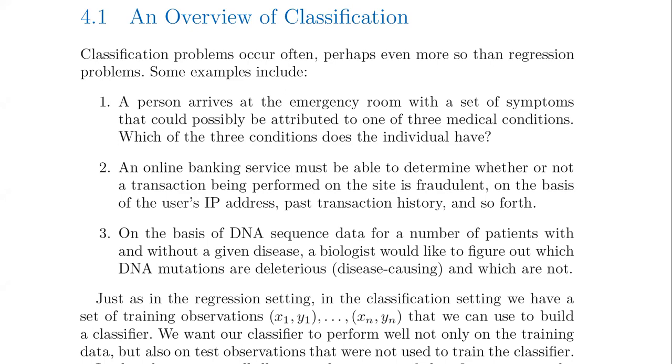The predictor variables, x1 to xp, for each of those observations is a set of symptoms for each patient, and on the strength of that data, you're going to try and classify each individual under one of 3 medical conditions. Let's say you've ruled everything else out and you're down to 3 of them.